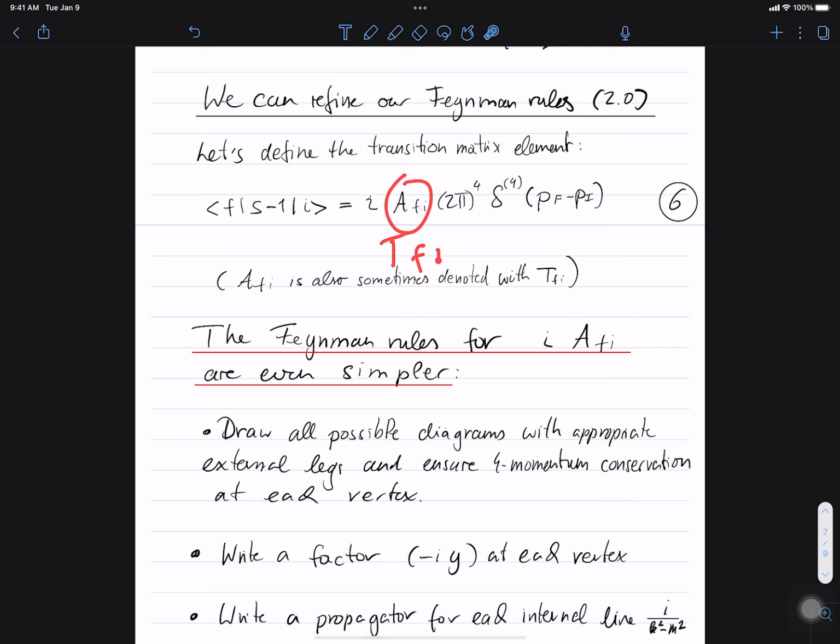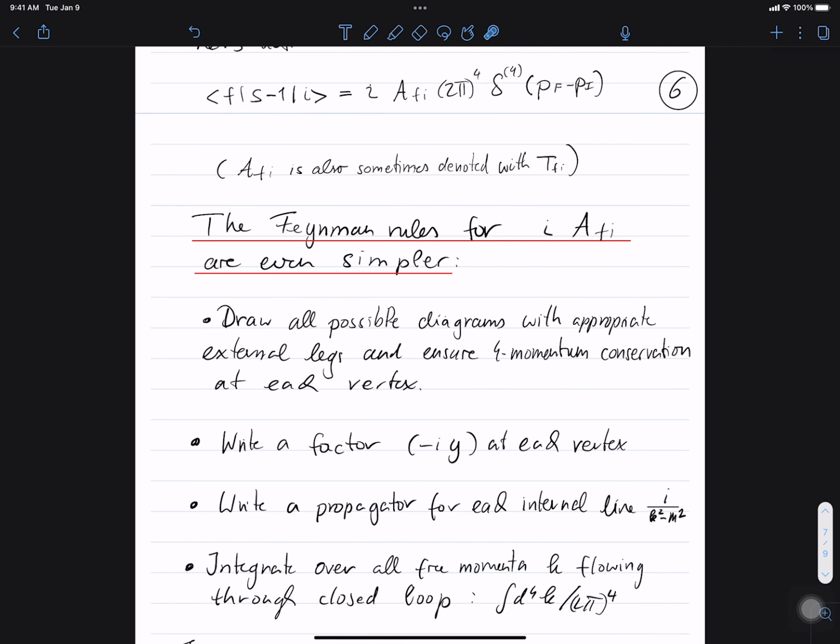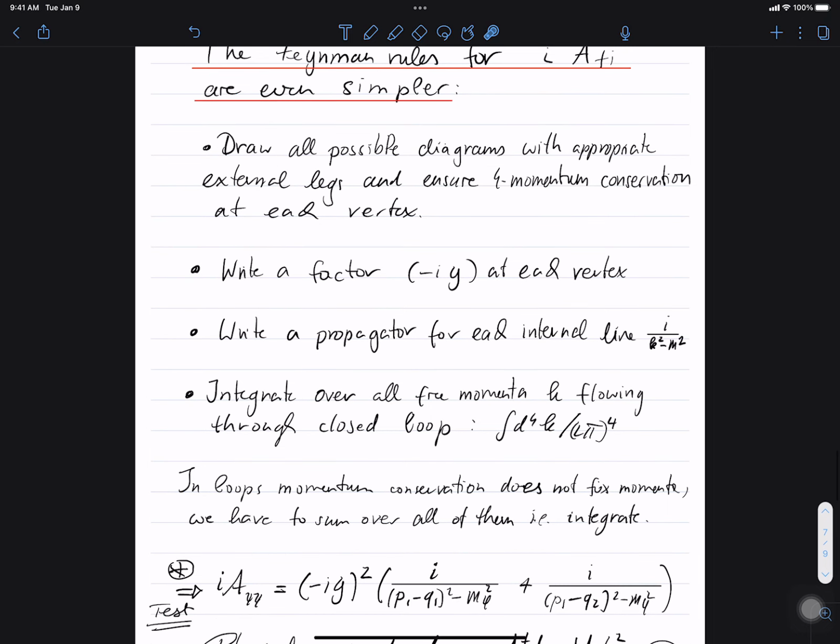Sometimes people also write T_fi for that, with a (2π)^4 and the total momentum conserving delta function. So now we can define the Feynman rules to obtain iA_fi. This is what we really call the amplitude, the interesting quantity.